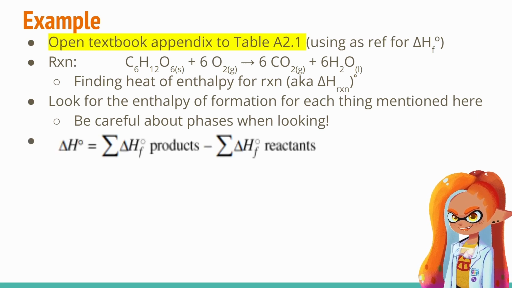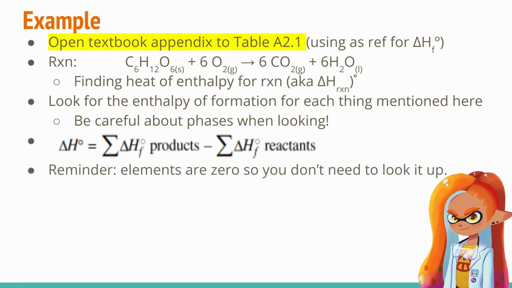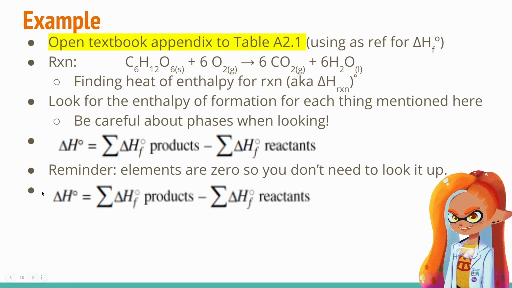Okay, so here is the equation that was given earlier. And so I'm going to look at our example reaction and determine what goes where. So again, elements are 0. You do not need to look them up. So what are we even doing? Okay, so in this thing, we have to look up for the product side.